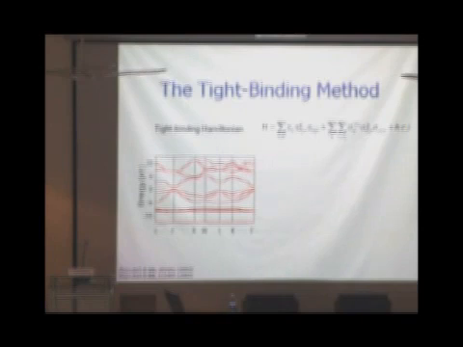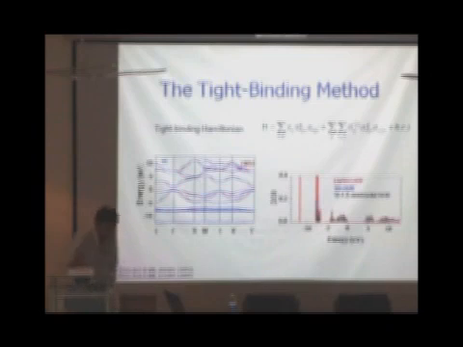This thing is called the linearized muffin-tin orbital method, but we'll not go into those details. What I wanted to show you was that we are interested in the band gap, and what we get from the LMTO matches pretty well with the tight binding methods.